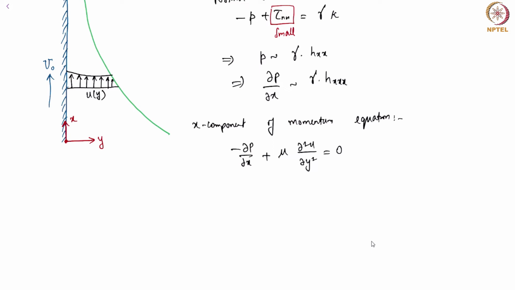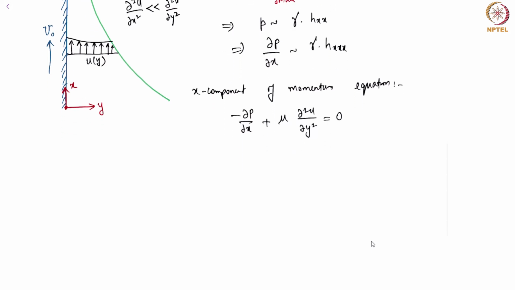The first thing is that the Reynolds number is very small, therefore all the inertial terms drop out. We've also said that the dynamic meniscus is so thin that gravitational effects are not very important. And the third point is that all the viscous stress, all the shear stress, is because of the term del square u by del y square. Del square u by del x square is very, very small compared to del square u by del y square. This is the lubrication approximation, right?